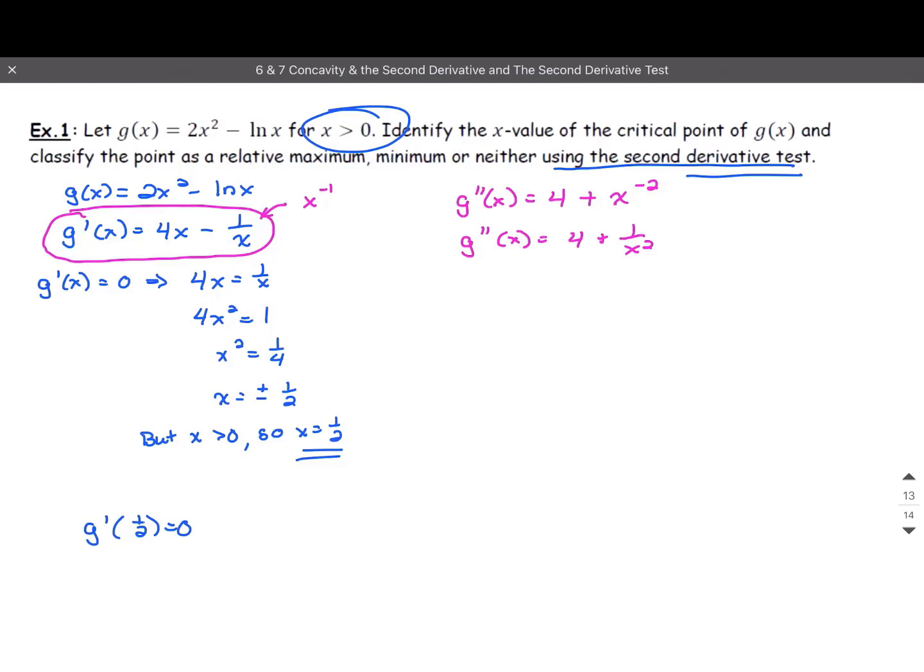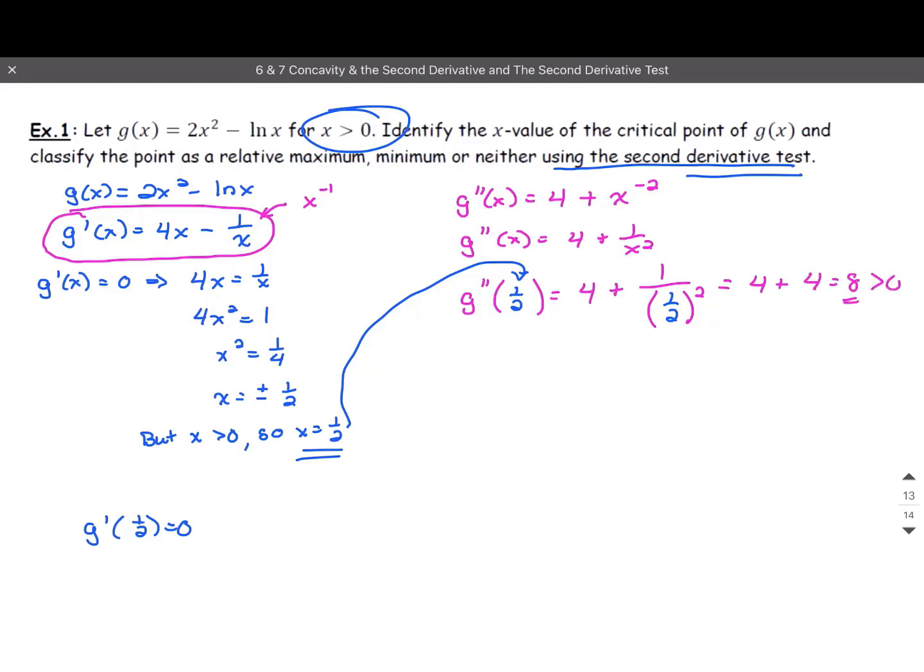Now we need to find the value of the second derivative at this x value, 1/2. So that means 4 plus 1 over 1/2 squared. Well, that's 4 plus 4, which is 8.